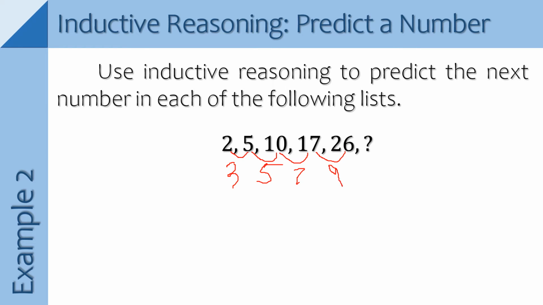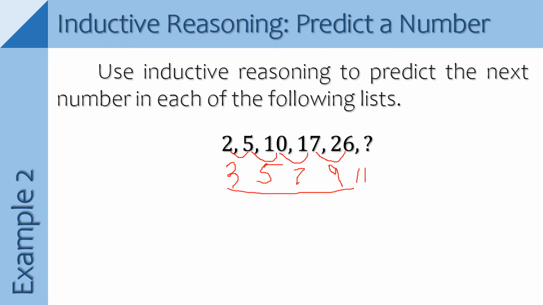As you observe, what happened to their differences? If we observe the differences of this set of numbers, they are all odd numbers: 3, 5, 7, and 9. So it is possible that the next number added to 26 is 11.